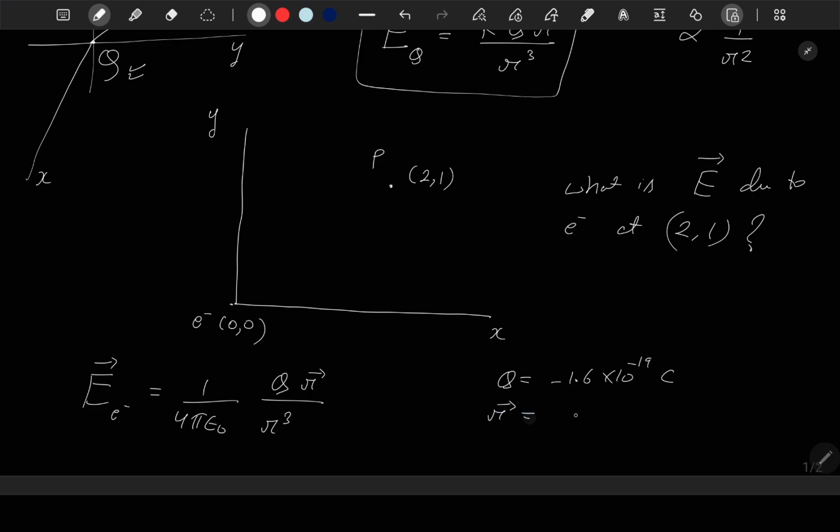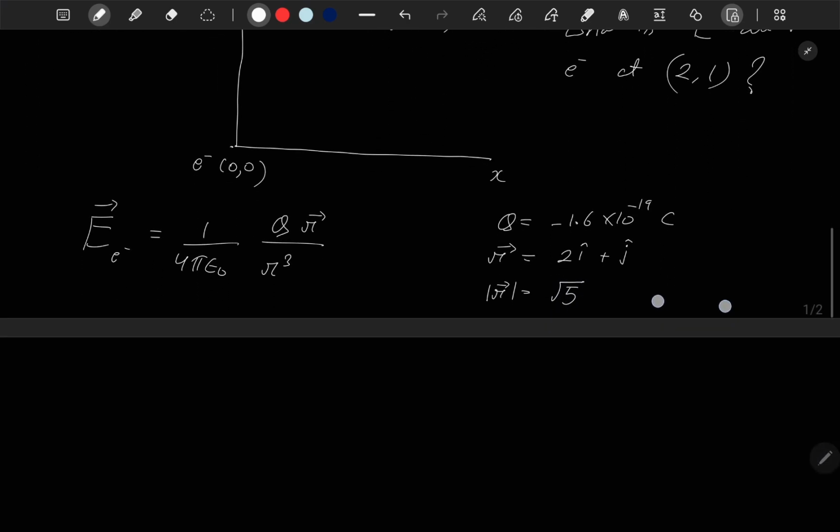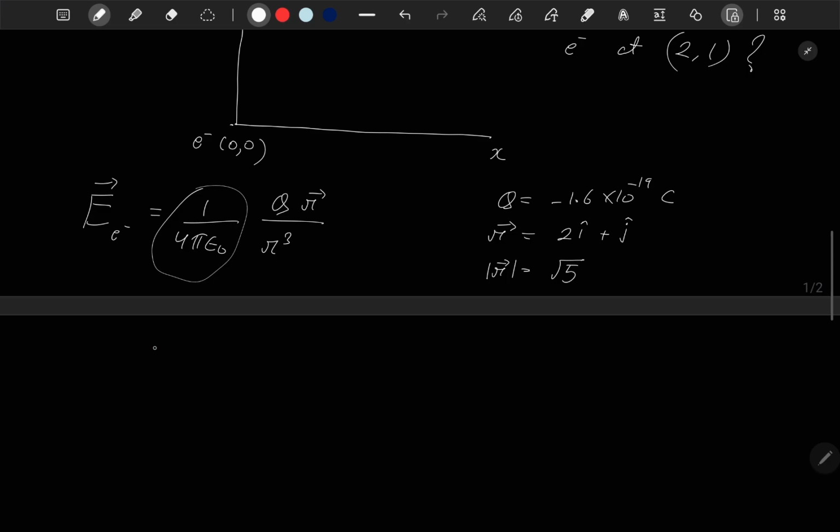and r is what, 2 i cap plus j cap, and mod r is what, 4 plus 1 is 5, square root of 5. So just substitute, and the value of this constant is 9 into 10 raised to 9. You can remember it, it's very useful. So capital Q is minus 1.6 into 10 raised to minus 19.